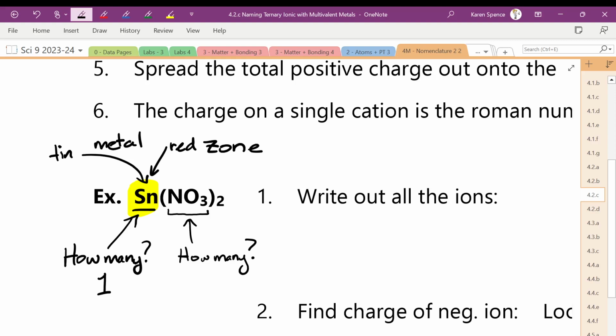How many of that polyatomic ion do we have? We have 2. Okay? When you're looking to find the number of a polyatomic ion, always look outside the brackets.